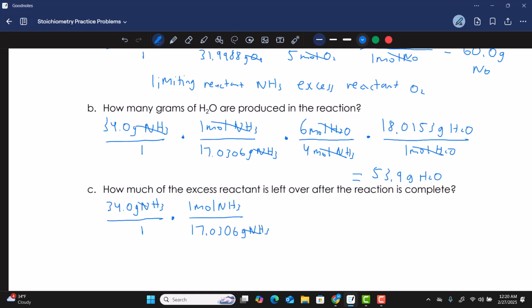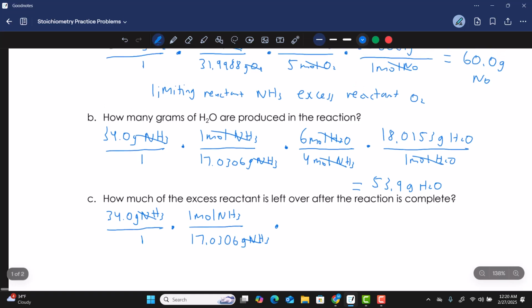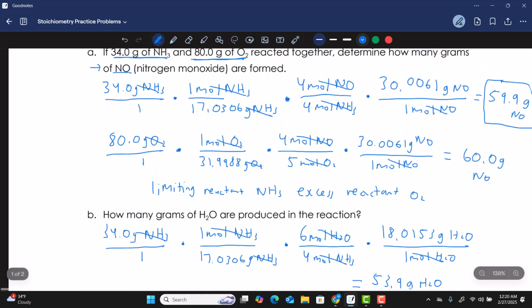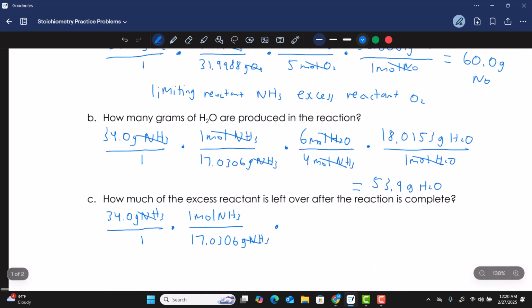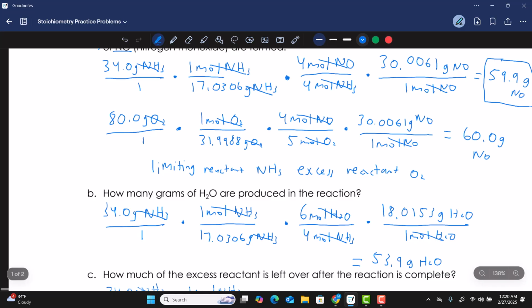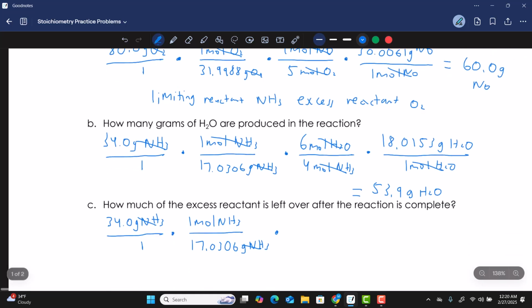So the grams of NH3 can cancel. And then we would multiply this by the mole ratio. So we want to get this into the grams of the excess reactant, which is O2. So we want to convert grams of NH3 to grams of O2 because O2 is the excess reactant.